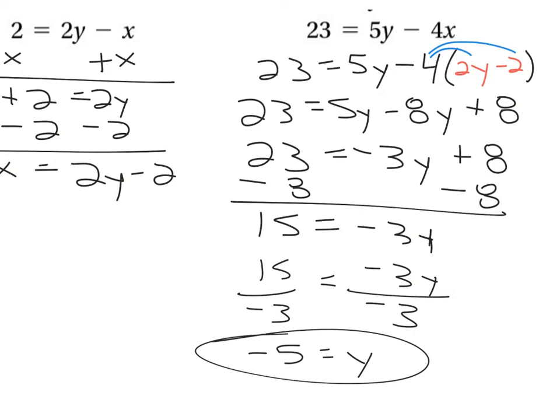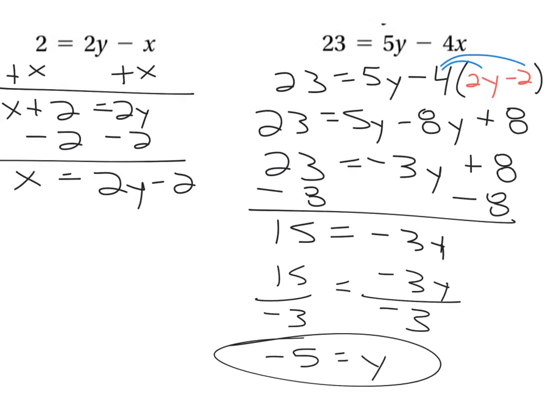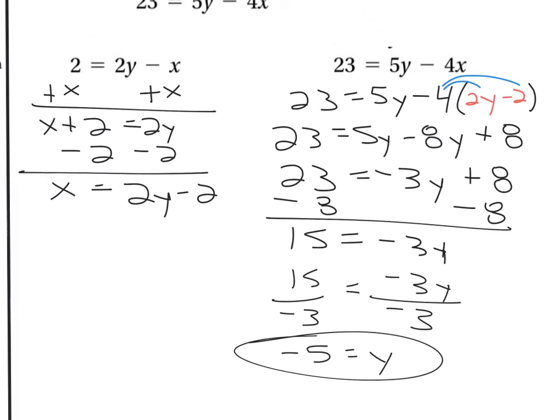Now, I can go back to the other original equation, and I'm going to just grab it again, like that. Drop it there. And I'm going to say, now that I know y is equal to negative 5, I can say 2 equals 2 times (negative 5 minus x).